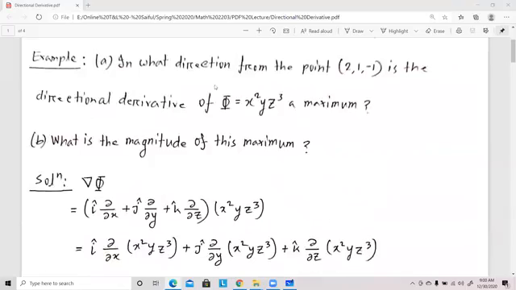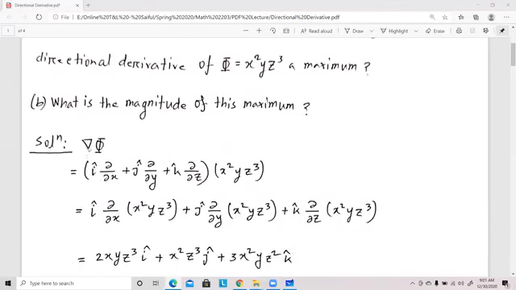At first we have to find grad phi. We know del, which is i del by del x plus j del by del y plus k del by del z, and phi in the question is given as x square y z cube.